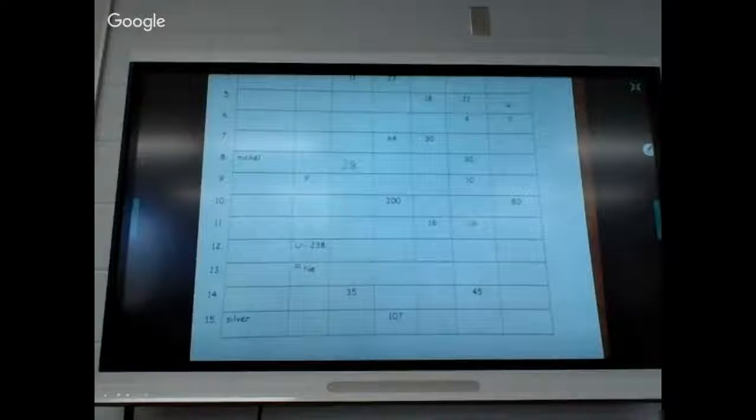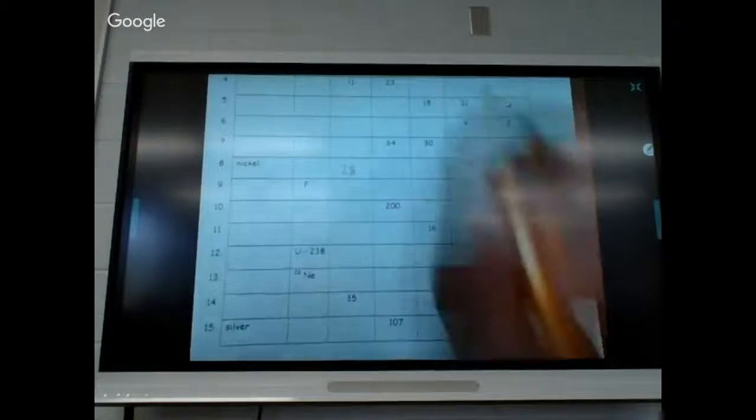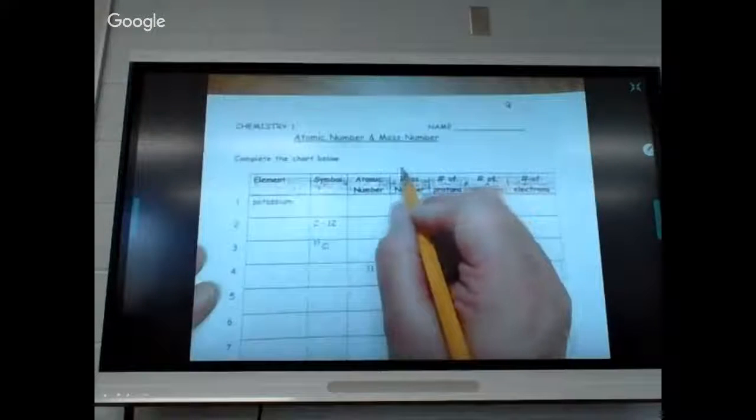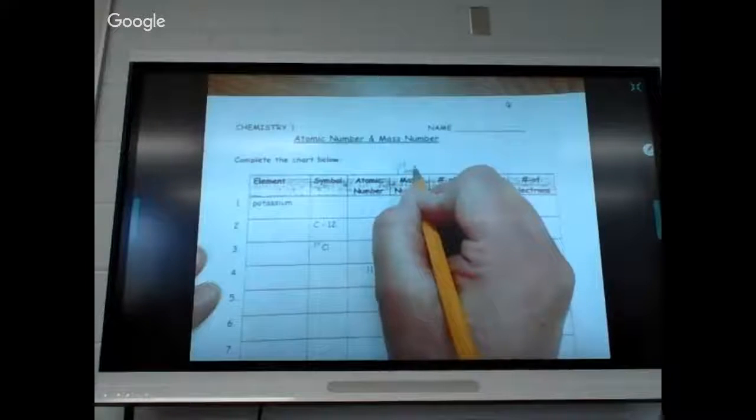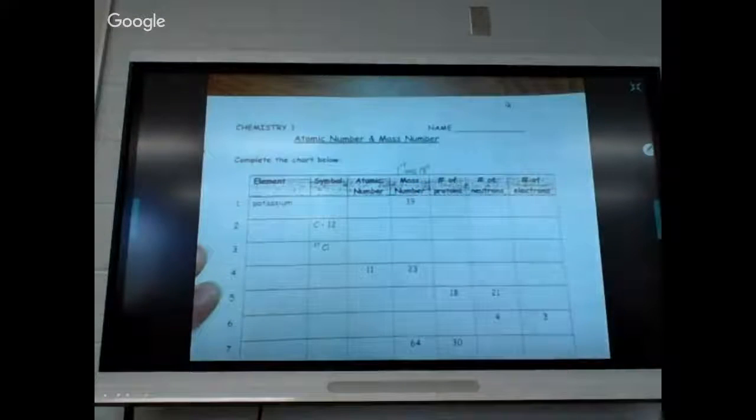Now, once I have that, how on earth am I going to find its mass? I'm not going to look it up. I'm not going to round it. What makes up the mass number when I need to find an atomic mass? Mass is the protons and the what? Neutrons. So what are my protons? 28.